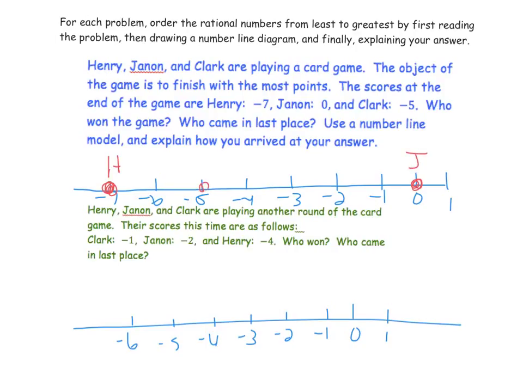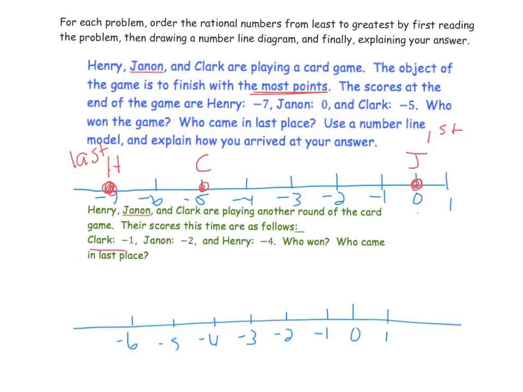And Clark was at -5. If the object is the most points, well, no one had a lot of points, but Janin had the most. She had 0. 0 is more than -5 and -7. So Janin came in first place, and Henry came in last place because he had the least number.